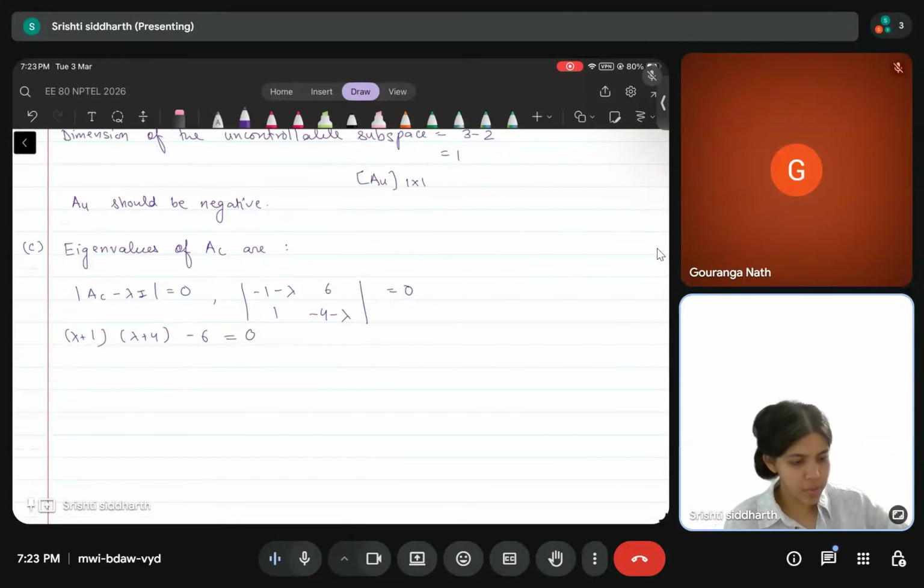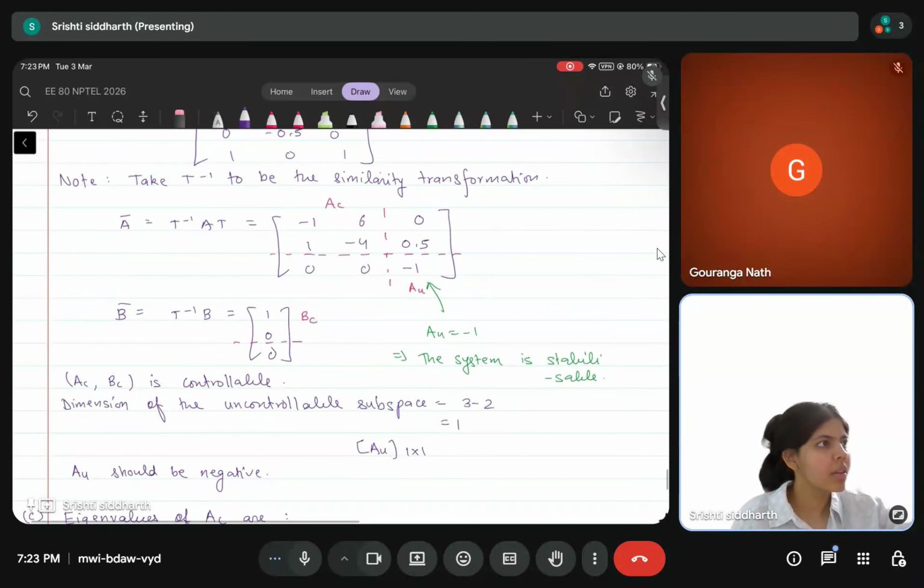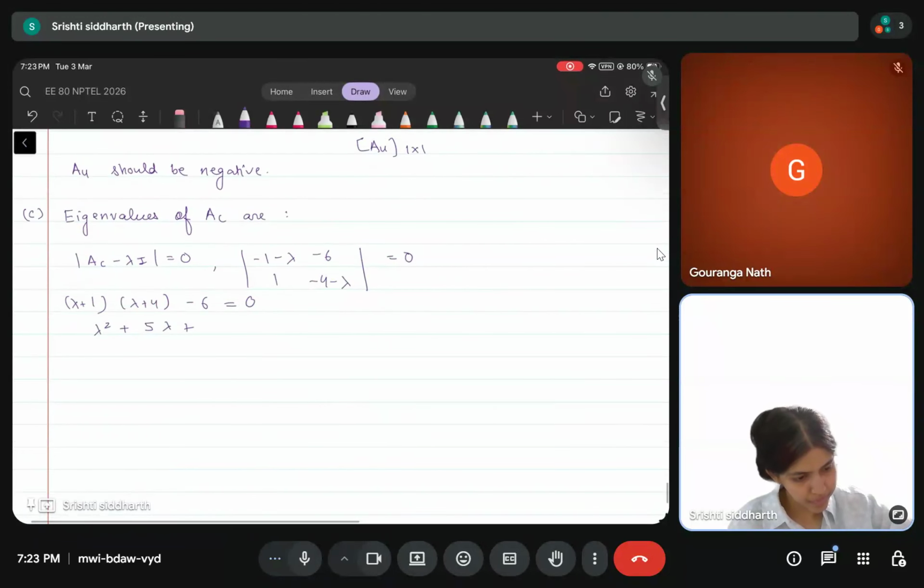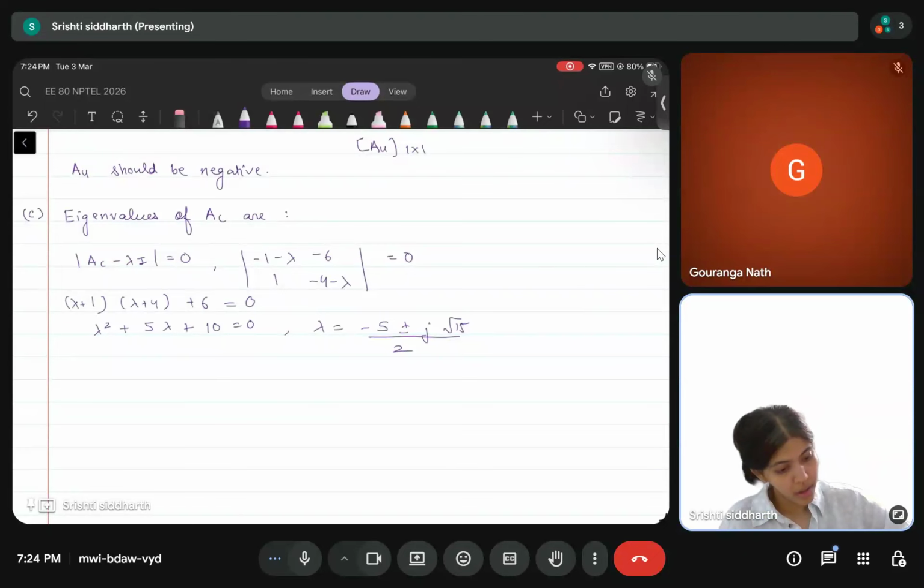This comes out to be lambda squared plus 5 lambda plus 10 equals 0. So therefore AC is already a Hurwitz matrix.